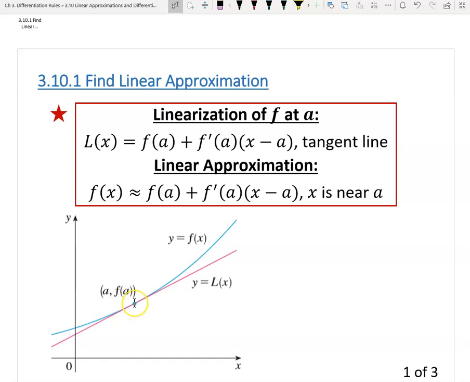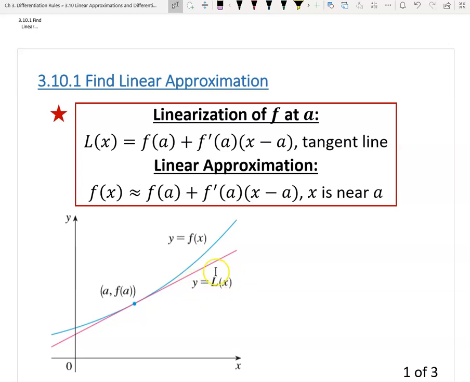Therefore, imagine if we zoom in and zoom in and zoom in at this point. Finally the curve around this point, the original curve, should look very like a linear function, like a straight line. What is that straight line? Of course, that's the tangent line, definitely.